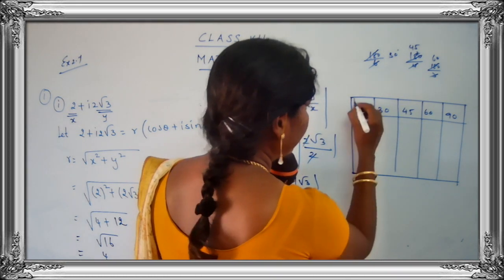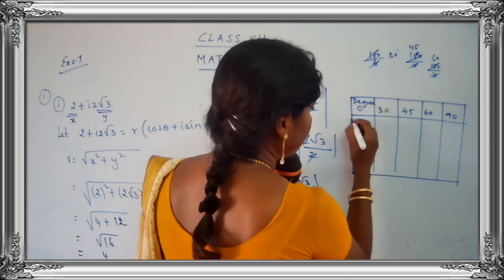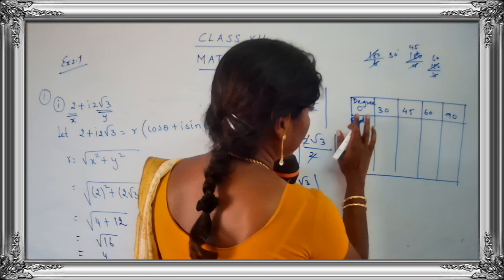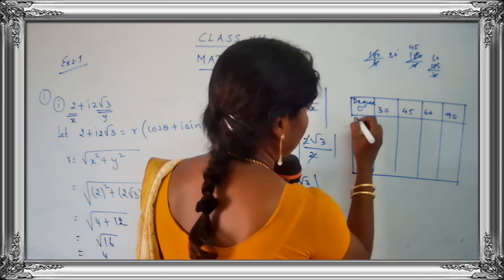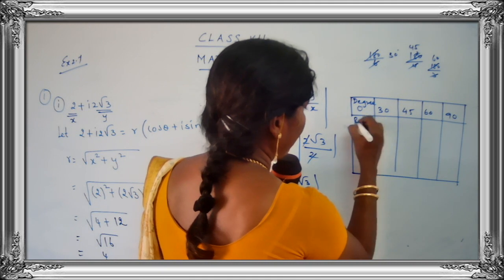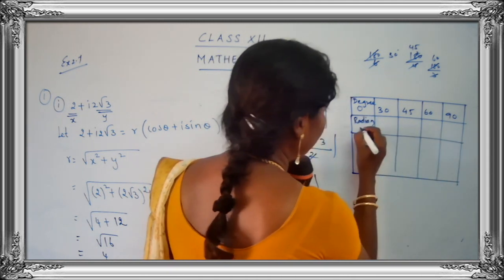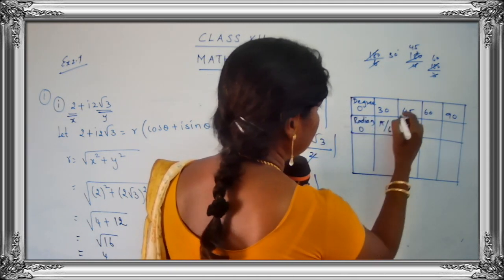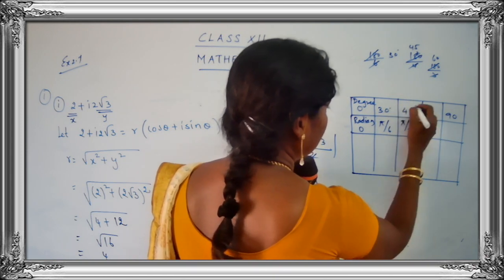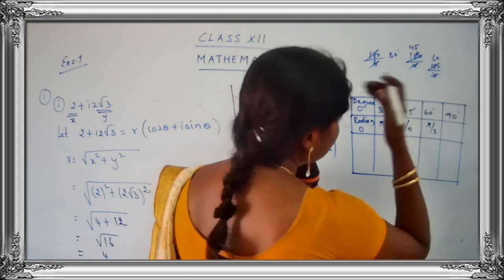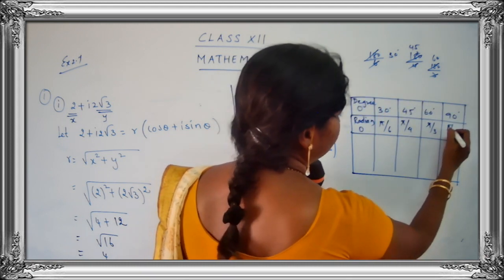Then I told you to write down in radian also, yes? So radian: zero, this is pi by 6, pi by 4, pi by 3 and pi by 2. Okay.